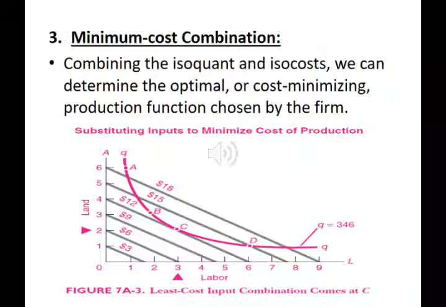As we derived in the previous slides, the slope of the isoquant was equal to minus MPL over MPA, and the slope of the isocost was minus PL over PA. So at point C, which is the point of the firm equilibrium, minus MPL over MPA will be equal to minus PL over PA. Since we have a negative sign on both sides, they cancel out, and we are left with MPL over MPA equal to PL over PA.